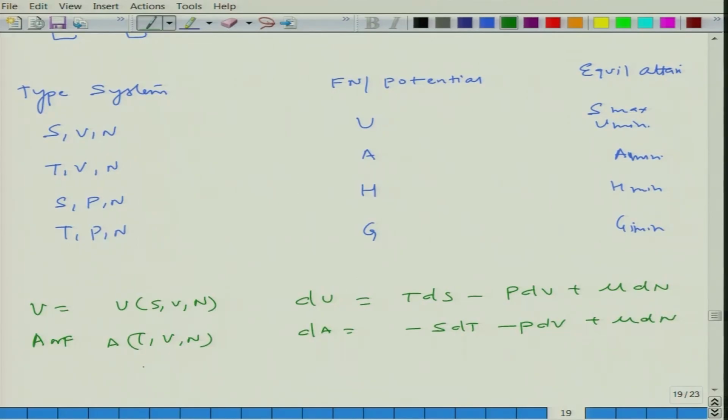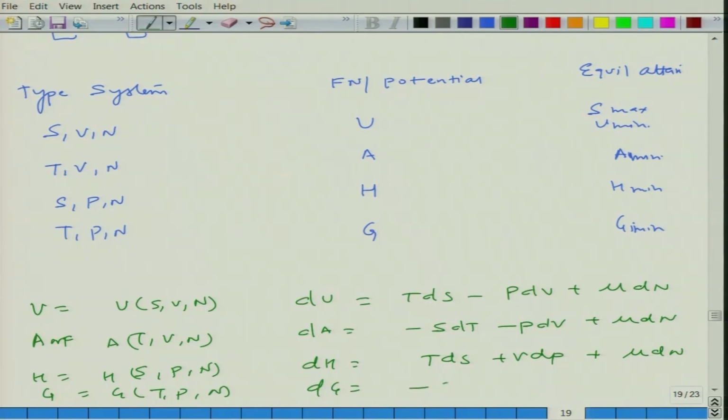Similarly, for S, P, n that is H, so dH is T dS plus V dP plus μ dn. And finally, G, which is a function of T, P, n, has dG equal to minus S dT plus V dP plus μ dn.